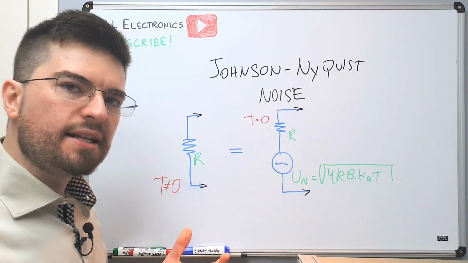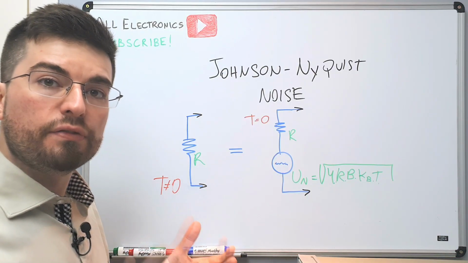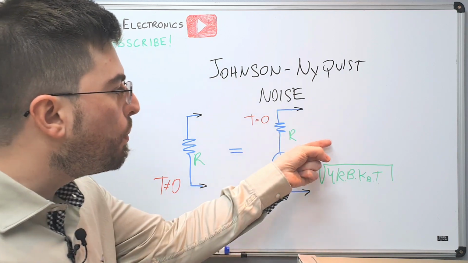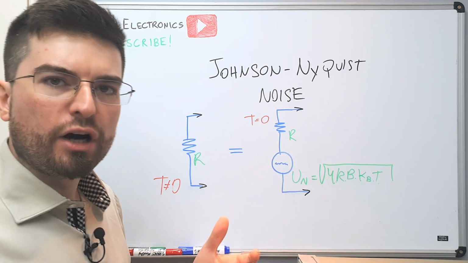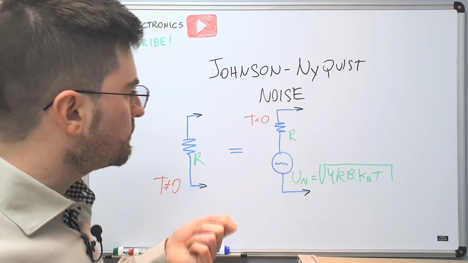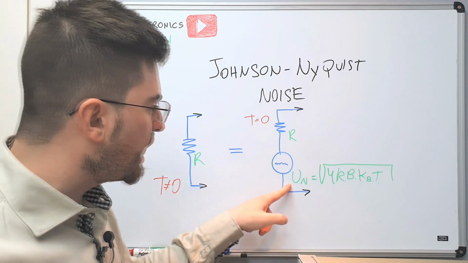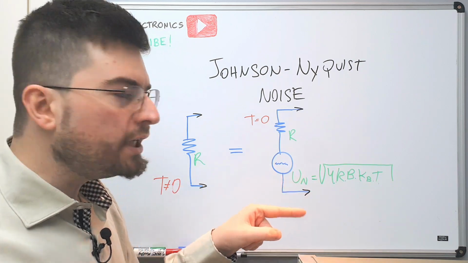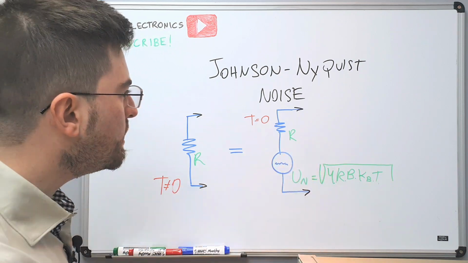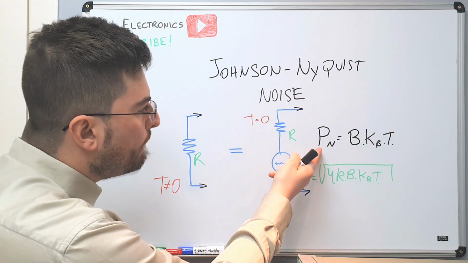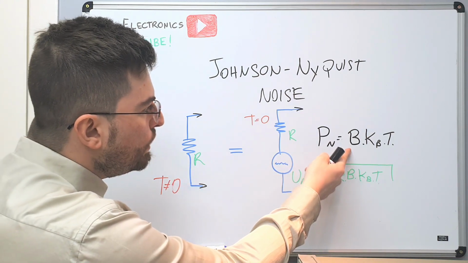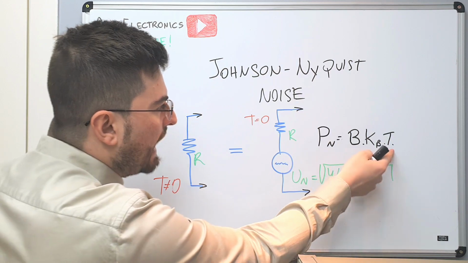What's very interesting here, guys, and it makes a lot of sense, is that the available power here is not a function of the resistor, because if we change the resistor we are talking about, we also change the voltage here. So actually the available noise power here, the available thermal noise power here is bandwidth times Boltzmann constant times temperature.